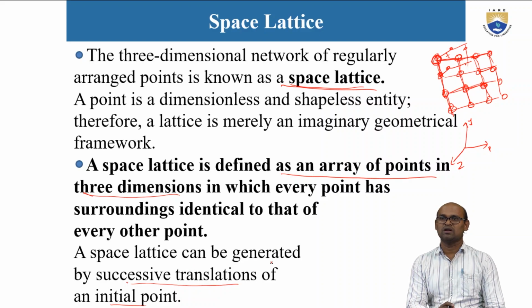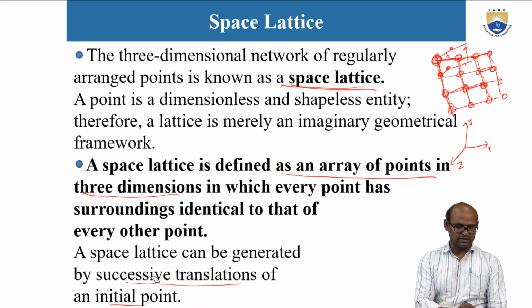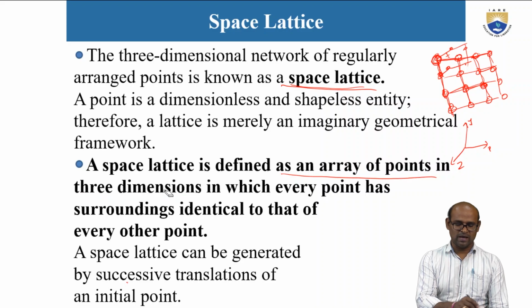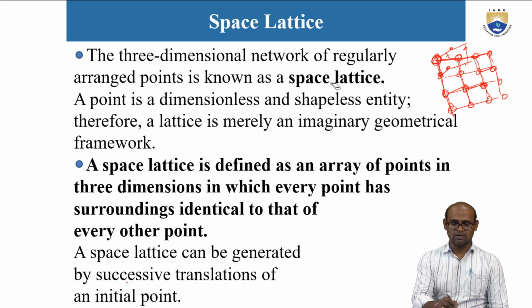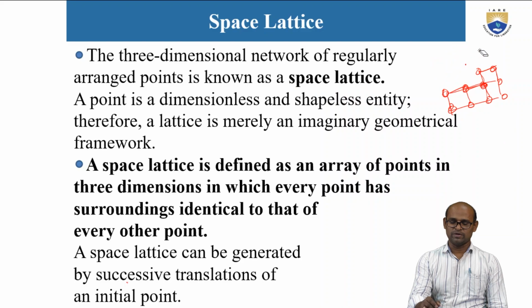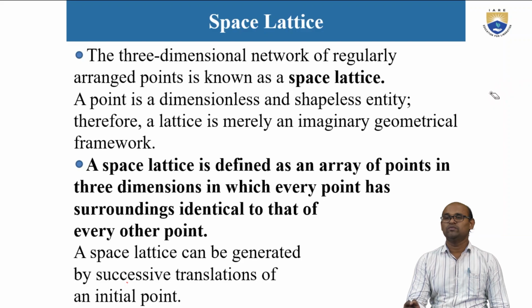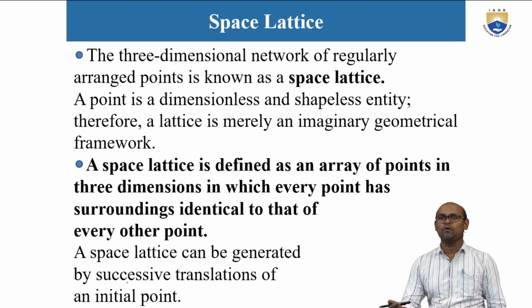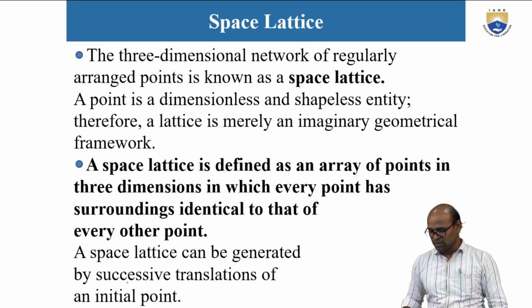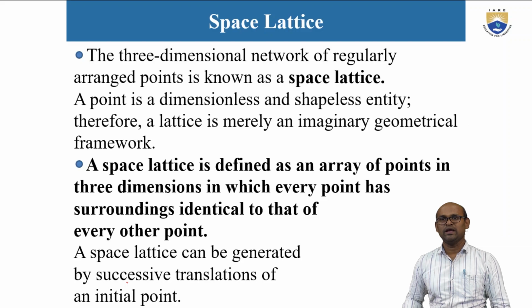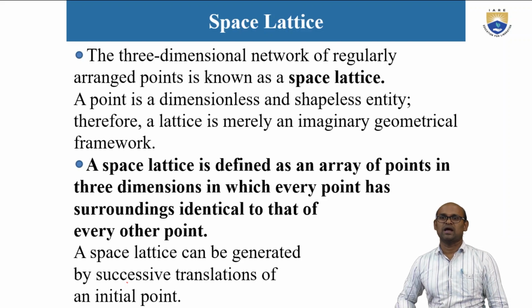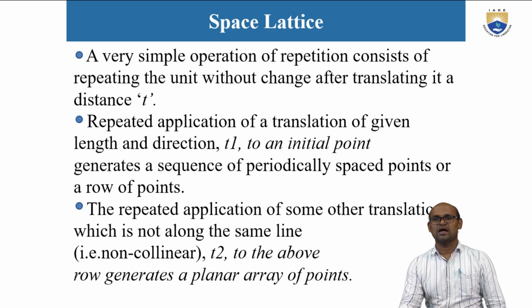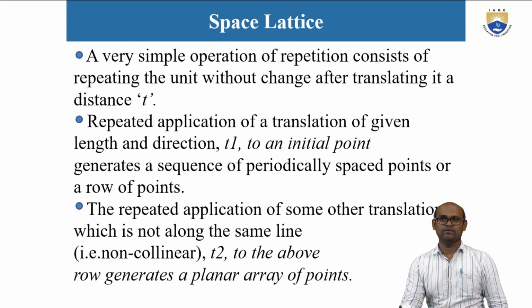We will see how to generate it using translations in three dimensions, because we have defined a space lattice as a three-dimensional array of points in which every point has the same neighborhood as any other point. We are going to generate this space lattice using translations starting from an initial point.